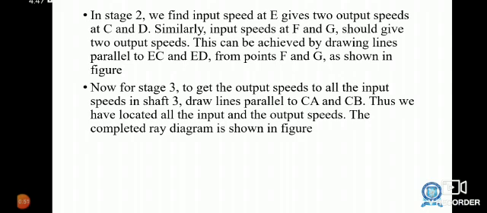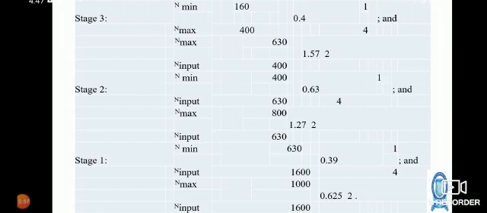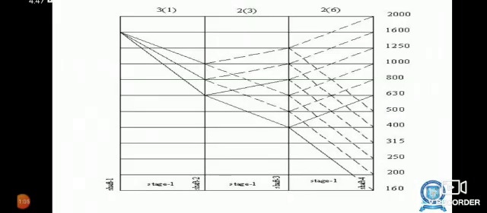Thus we have located all the input and output speeds. The complete ray diagram is shown in the figure. This table shows the conditions for identifying the input values. This is the ray diagram: stage 1, stage 2, stage 3.